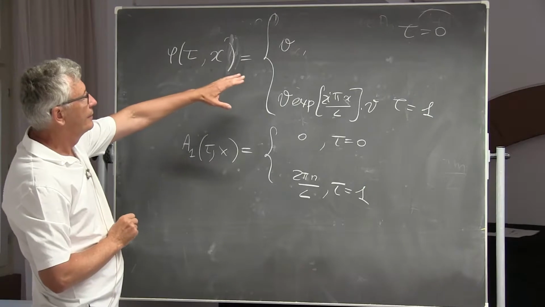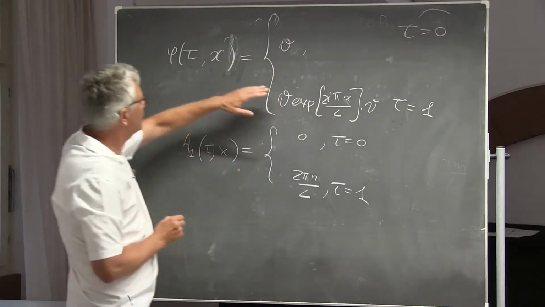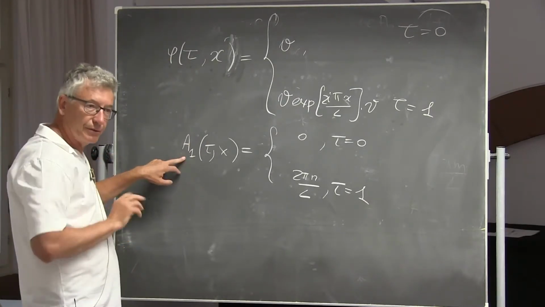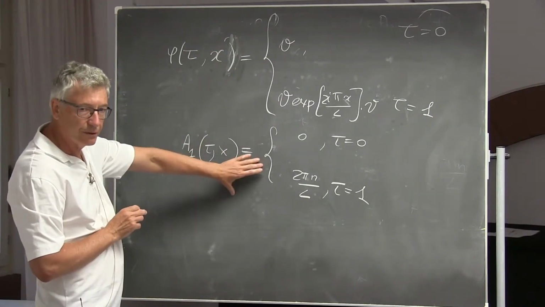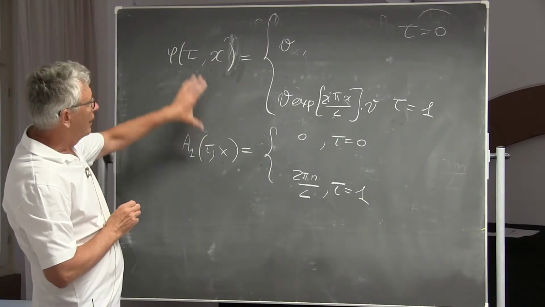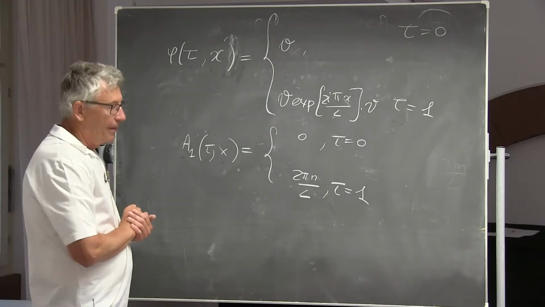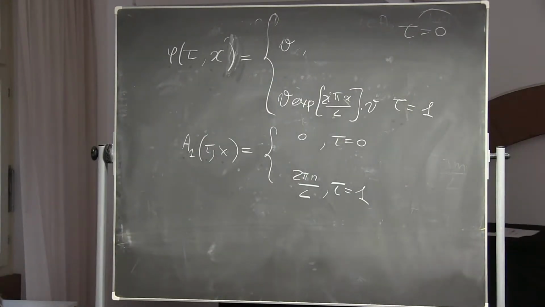And when tau changes from 0 to 1, all the changes in phi field and in A field are continuous. So we say that this configuration, which I constructed here, which depends on x and the parameter tau, interpolates between two vacua.